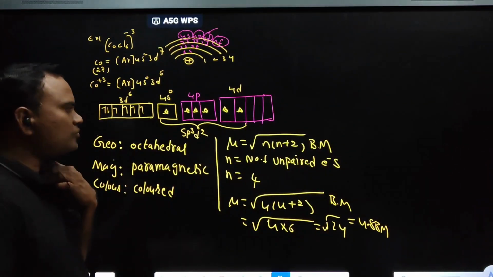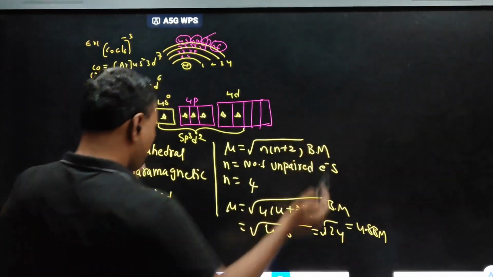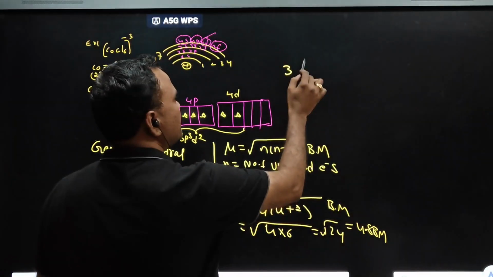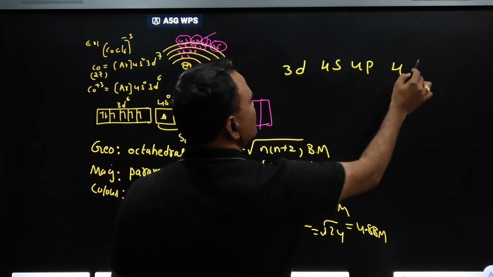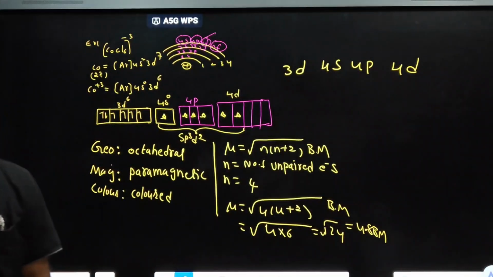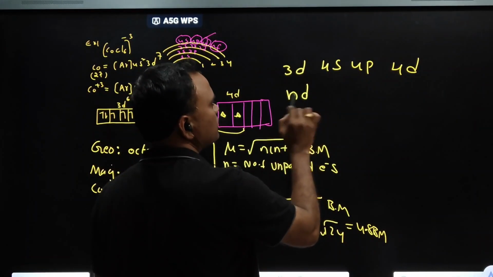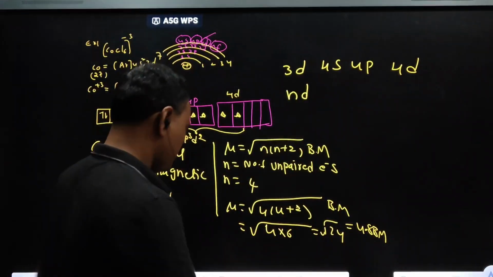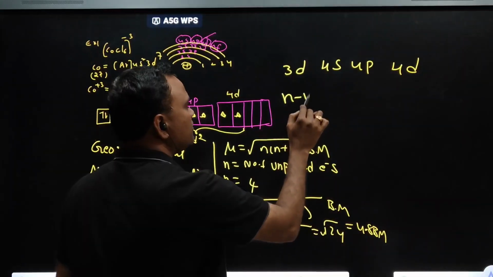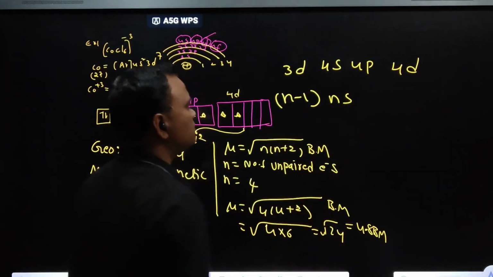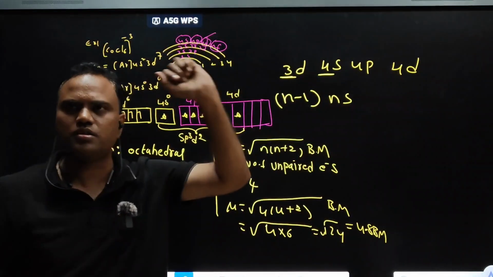Now, once look at this, all of you. 3d, 4s, 4p, 4d. Can I write n minus 1, ns? Once observe this, underline, online students.